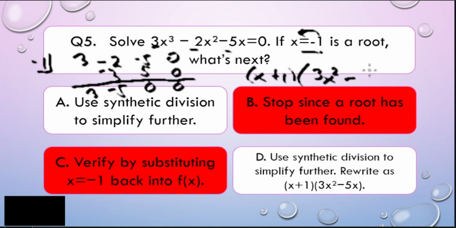So you already got that scenario, my dear math learners. Basically, this is just the same as this one. Of course, the next step is to further your synthetic division, or you can use the other way, which is factoring. Alright. So basically, my dear math learners, the correct answer is letter D.